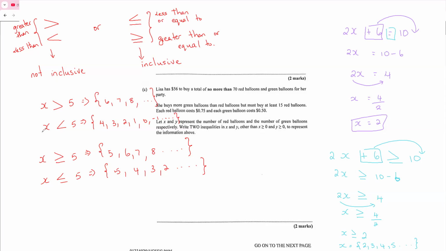Let's say they ask you to represent this answer on a number line. Your number line has positive and negative numbers.